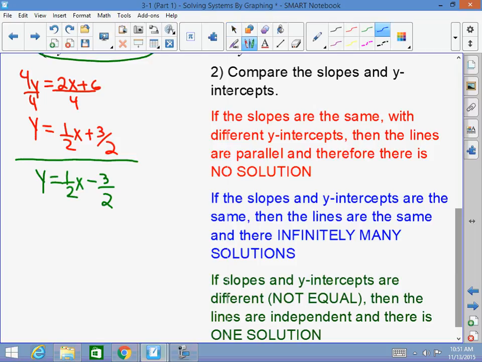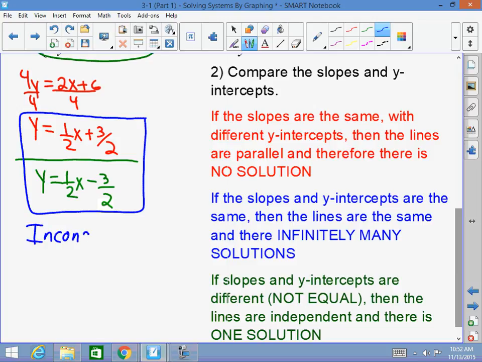So right here, guys, what would this be? So no solution. So would it be dependent, independent, or inconsistent? This would be inconsistent because the slopes are the same and you have different y-intercepts.